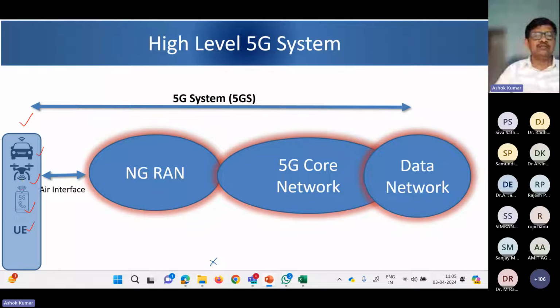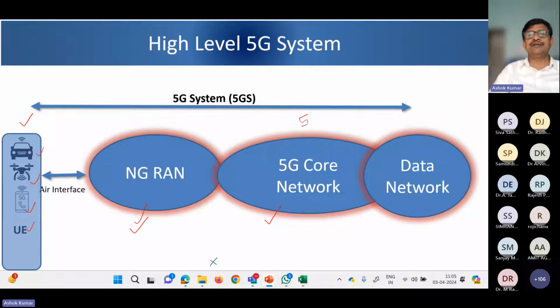That's why the icon of UE has changed. Then the second part is the RAN, radio access network, next generation radio access network. If you recall, we have already covered the nitty-gritty of NG-RAN yesterday and the day before yesterday. And then we have the 5G core network.